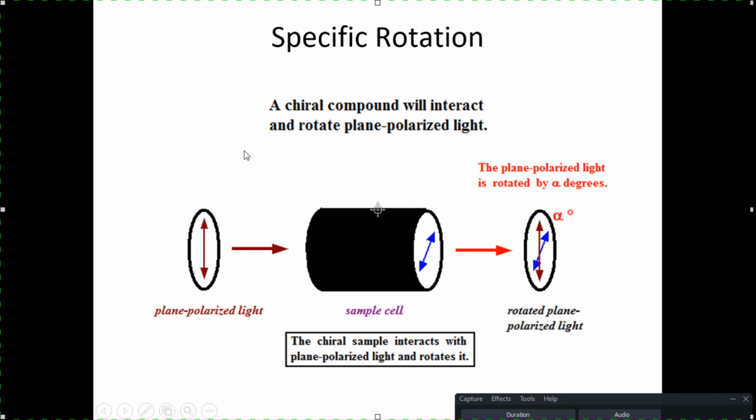So the issue becomes that if I have a molecule, such as maybe a chiral drug, how do I tell someone what the exact number of degrees that they should get for that molecule is?